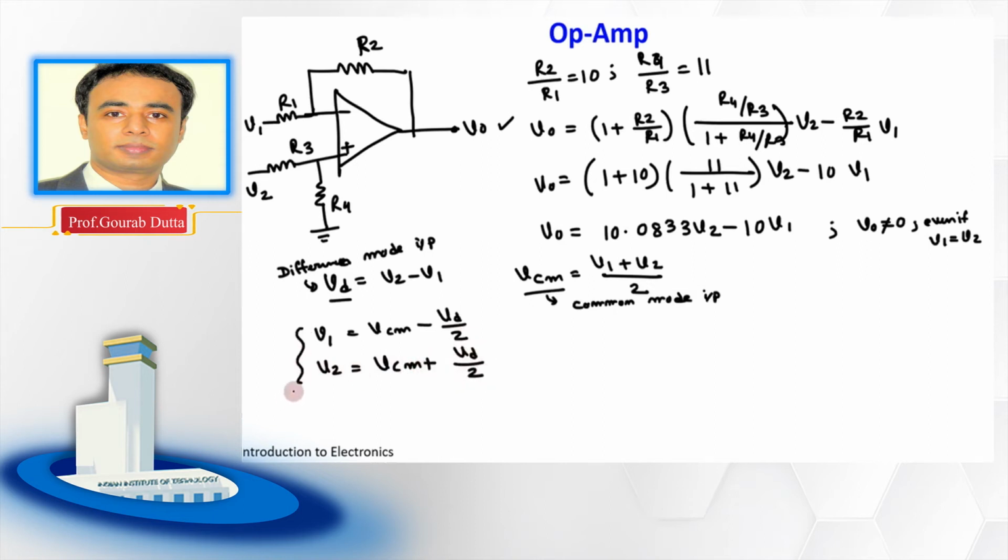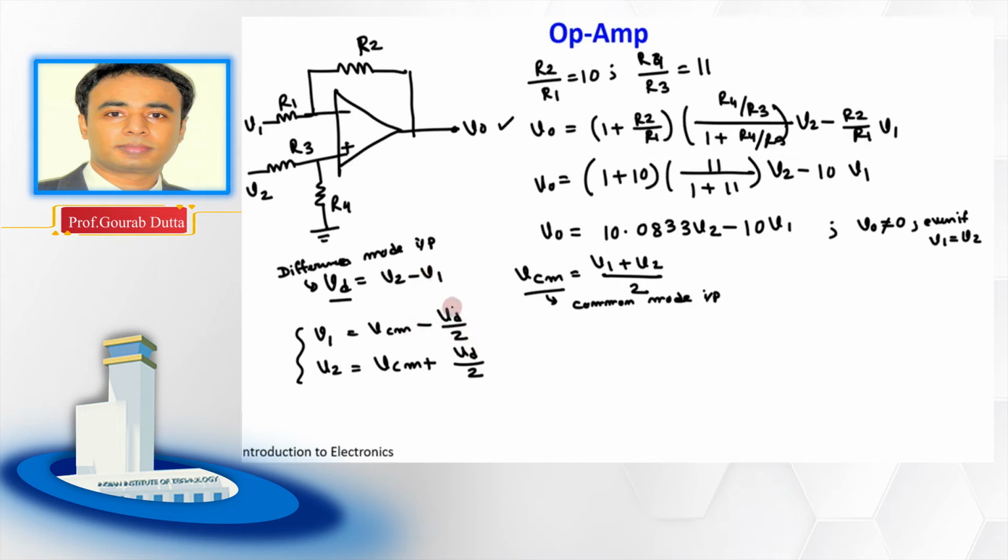Please check, because if you make V2 minus V1, the VCM cancels, VD by 2 plus VD by 2 becomes VD. Similarly, if you take V1 plus V2 by 2, these two cancel, 2 VCM by 2 is VCM. So we can write V1 and V2 in terms of VCM and VD, isn't it?